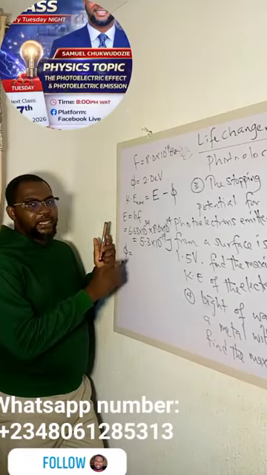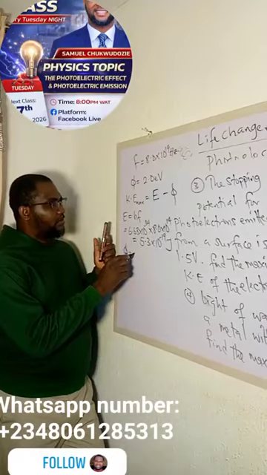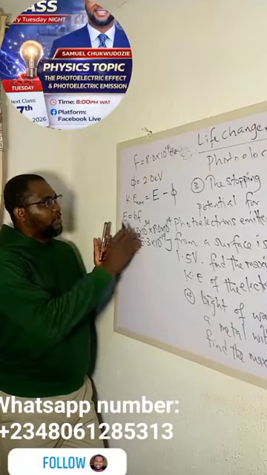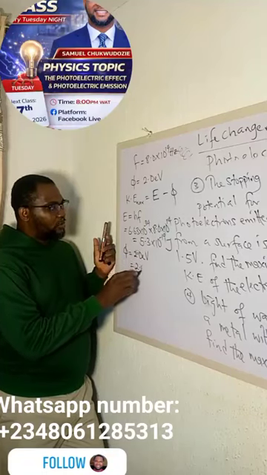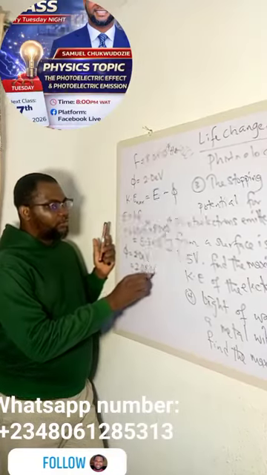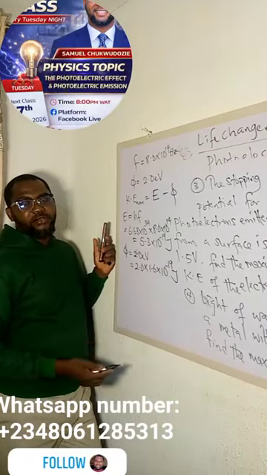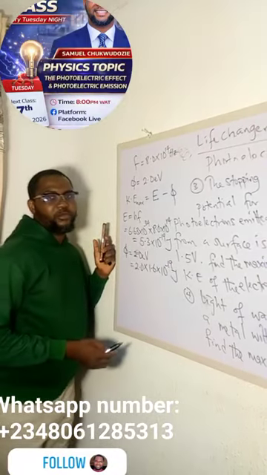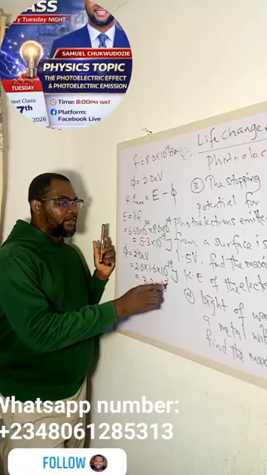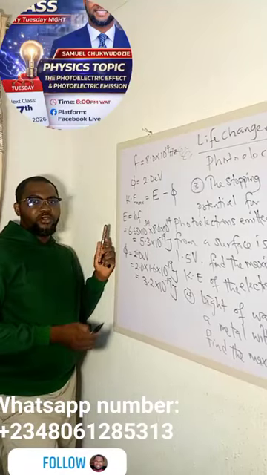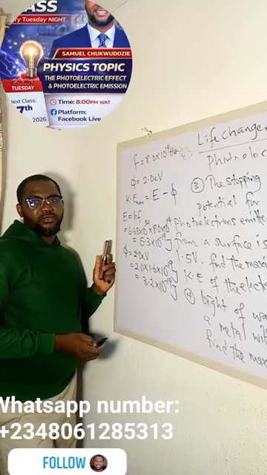So my work function is 2.0 electron volts, which means 2.0 times 1.6 times 10 to the power minus 19 joules. That's how you convert electron volt to joules. This gives us 3.2 times 10 to the power minus 19 joules. So the work function is 3.2 times 10 to the power minus 19 joules.